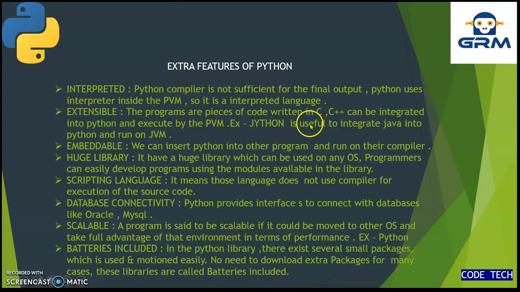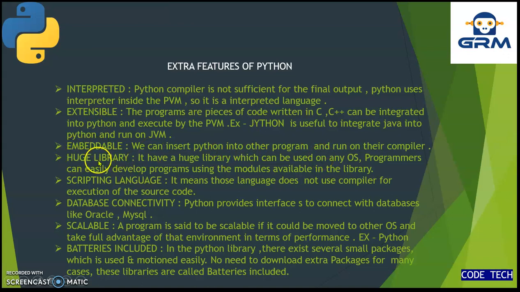For example, Python can be used to integrate Java into Python and run on the JVM. Then coming to the next point, embeddable. What is embeddable? You can insert Python into other programs and run it on their compiler. It is the opposite of extensible.